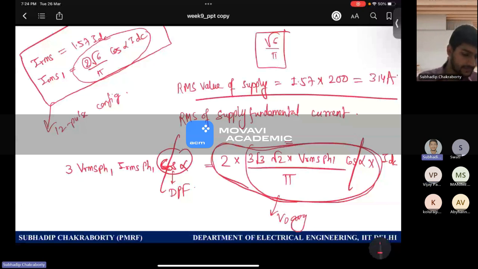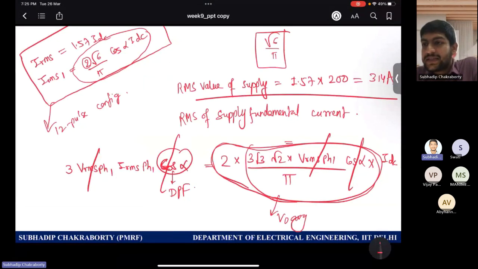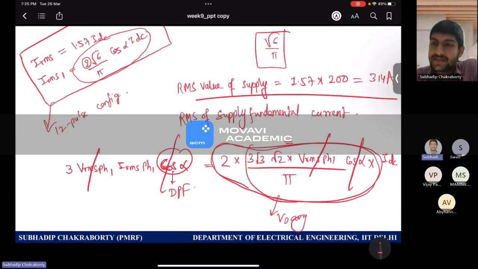I think the screen is lagging. Screen is now visible, right? Yes, sir.